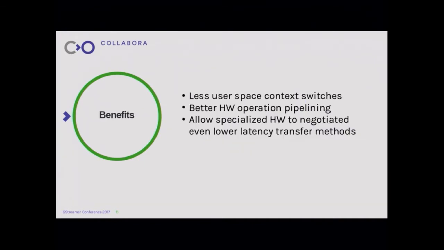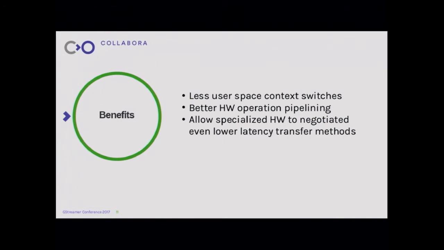So what's the benefit? You get fewer user space context switches. You get better hardware operation in your pipeline. So you keep your user space out of the way, especially since you don't really run GStreamer on an RT scheduler, so you don't have much priority.